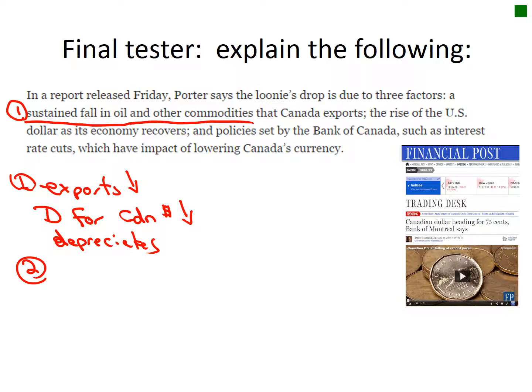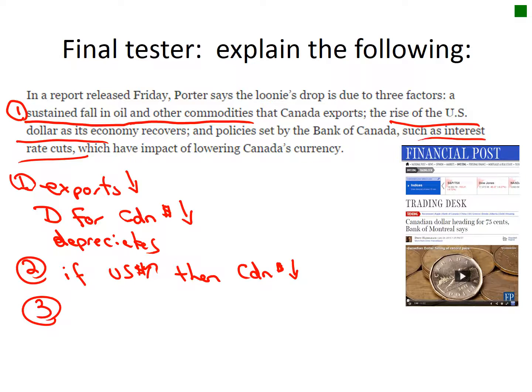Let's look at two, the rise of the US dollar. Okay, so if the US dollar goes up, then the Canadian dollar must go down because it's one currency in terms of the other. So if one is appreciating, the other will depreciate.